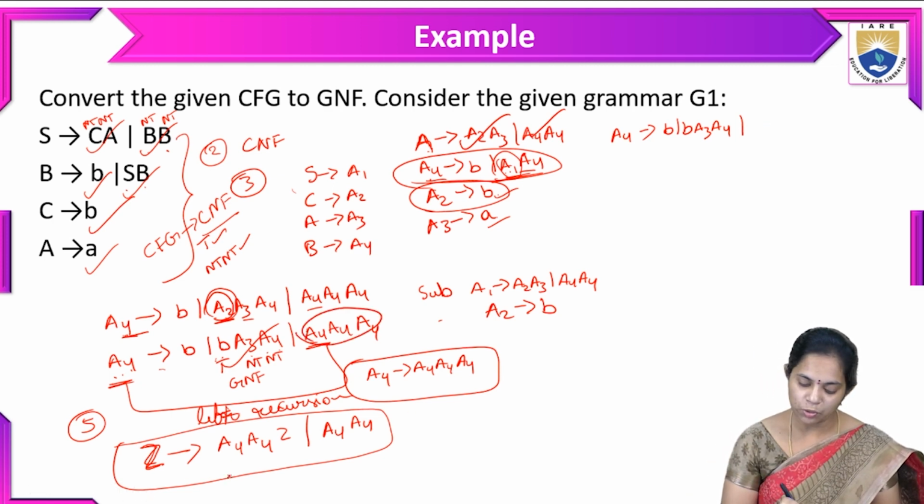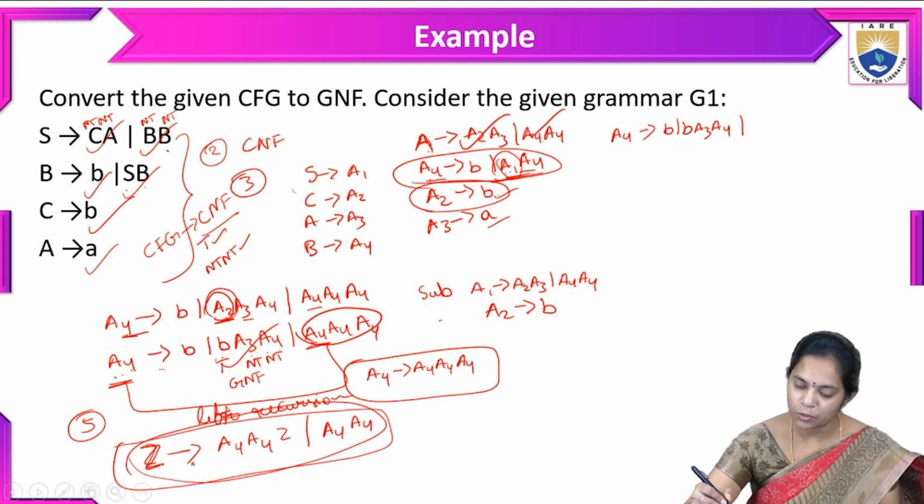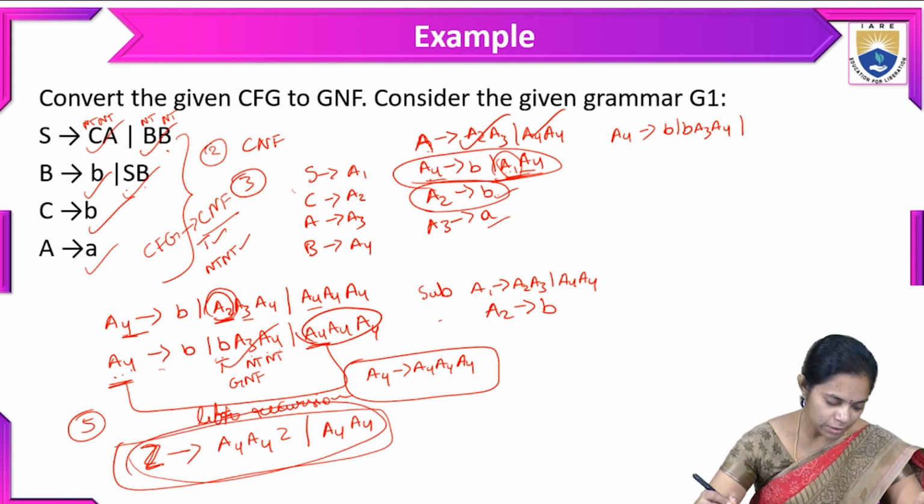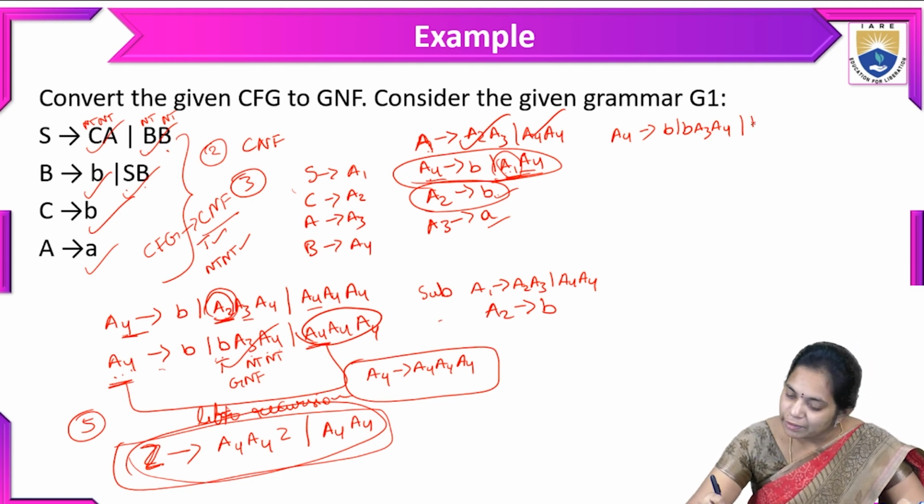How will we substitute? Here we write B tends to A4, A4, so here we write BZ. We substitute this with the new non-terminal symbols. So B, A3, A4, Z.